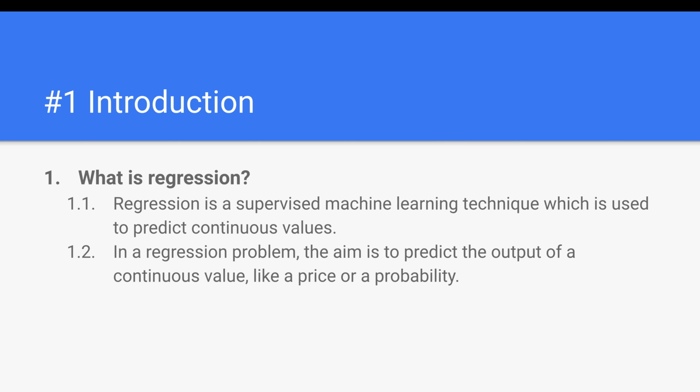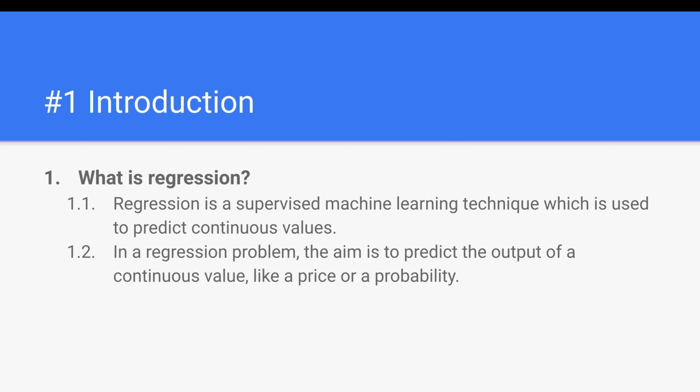The input should be the spec of the property, and then the model will give you the output, which is a type of continuous value. So this is where we can use regression and what the regression problem is.